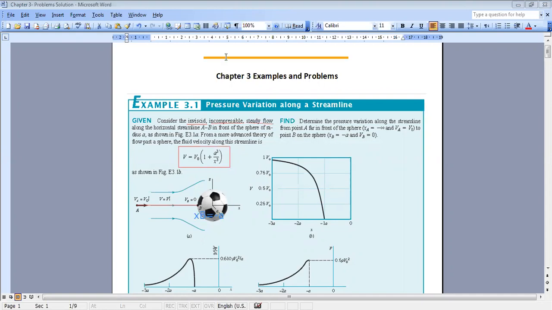The equation you got in the course, I will write it here, okay?